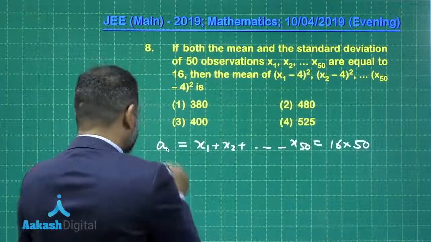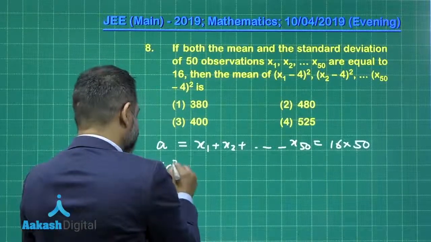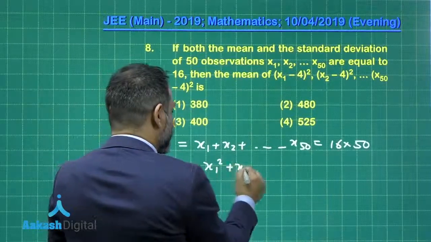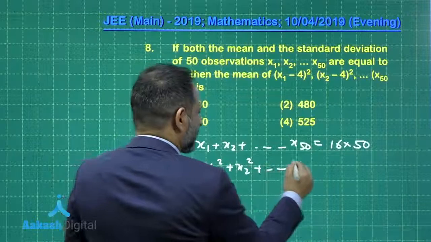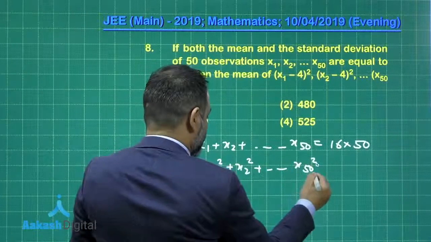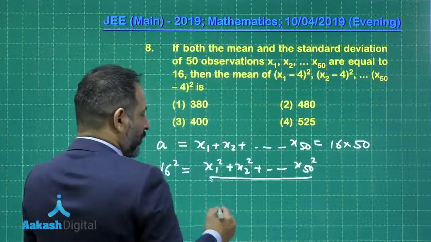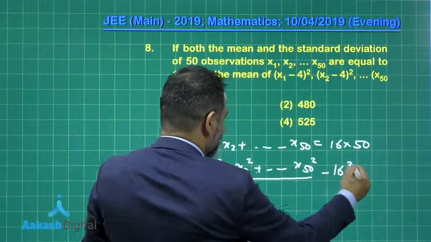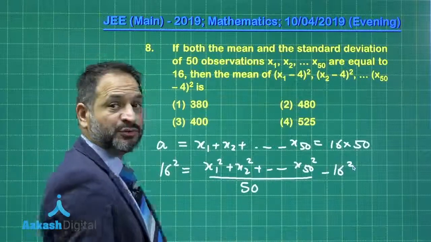So, we have 16 square is equal to (x1 square plus x2 square up to x50 square) upon 50 minus 16 square. You know the formula related to SD.